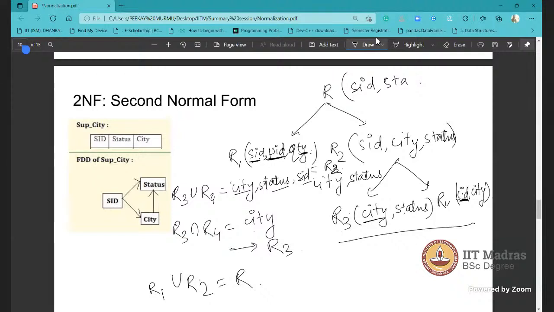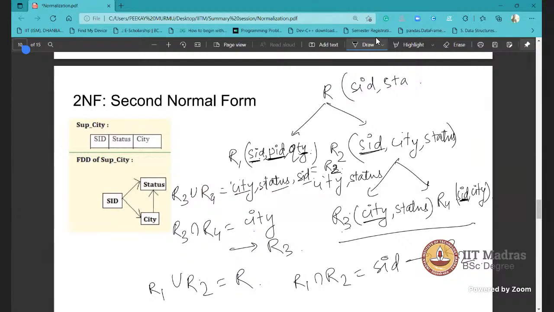R1 intersection R2 is SID, and SID is a key in R2, so it determines R2. So it is a lossless decomposition, right?